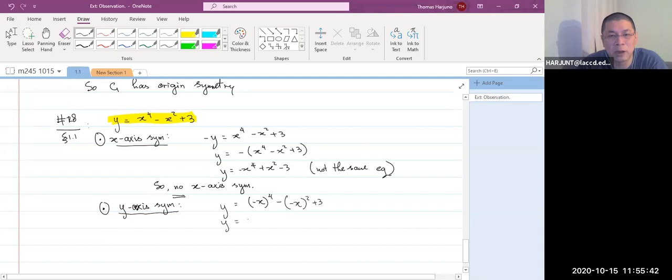When I simplify, I get x to the 4th minus x squared plus 3. That's the same equation. So it has y-axis symmetry.